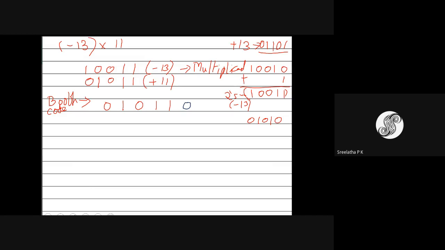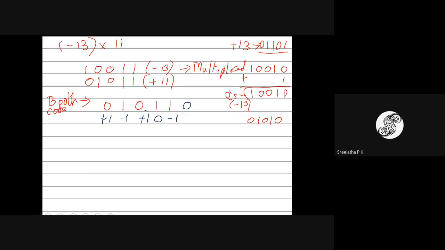So 0 and then 1, it is minus 1, continuous ones is 0. 0 and previously 1 is plus 1, 1 and previously 0, that is the start of 1, is minus 1, and this is plus 1. So you get the Booth code.